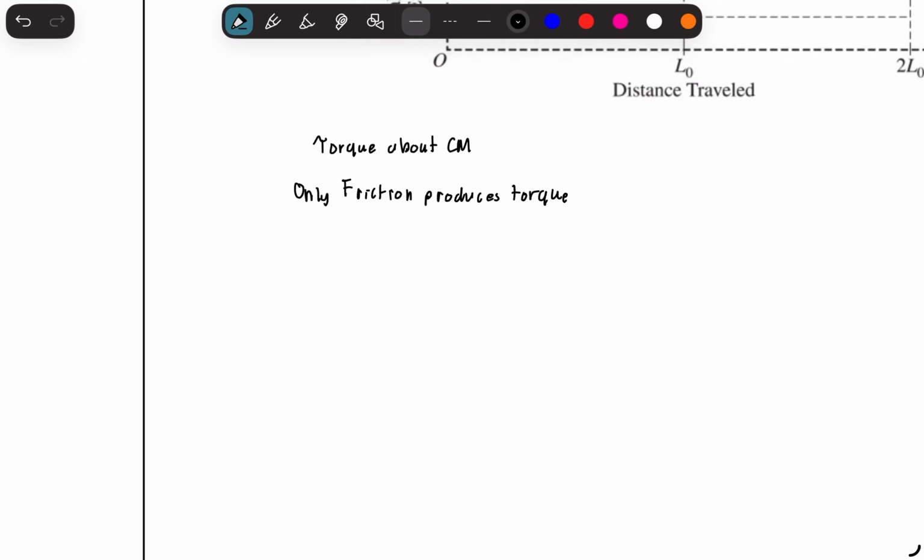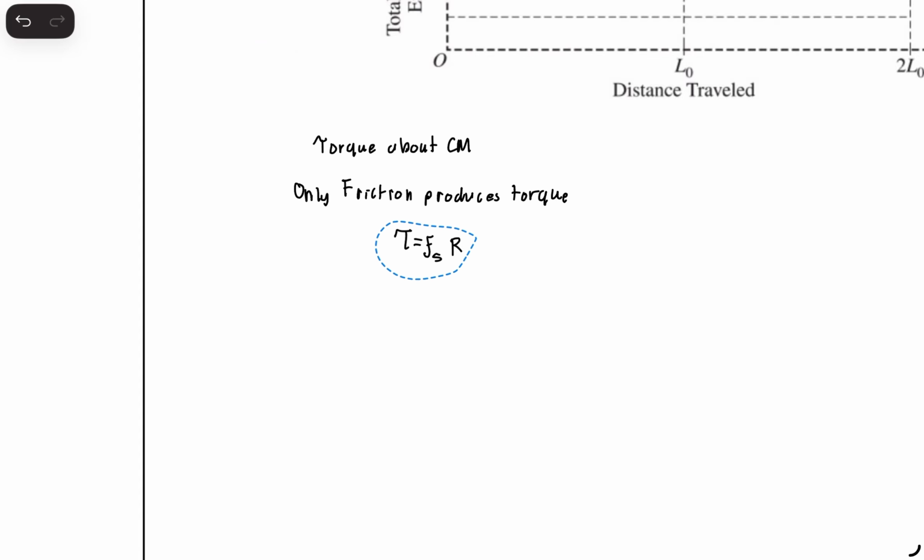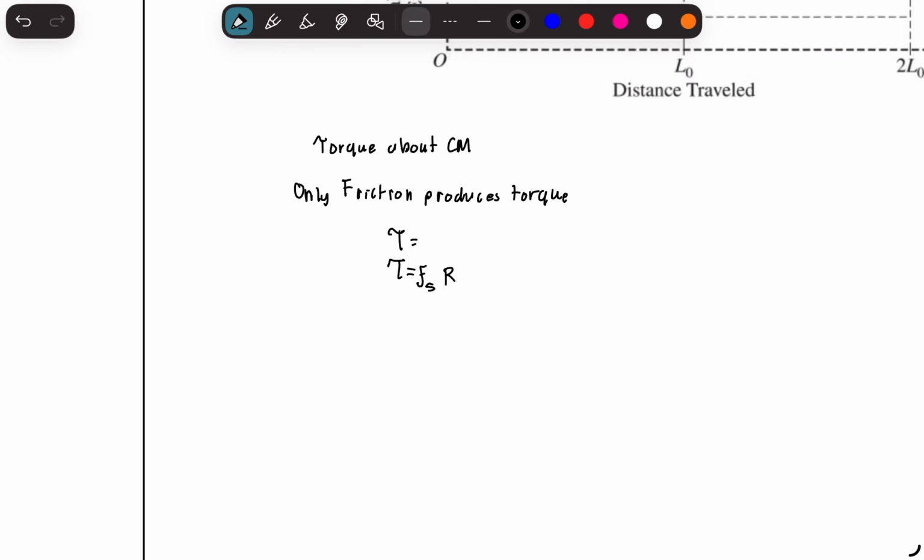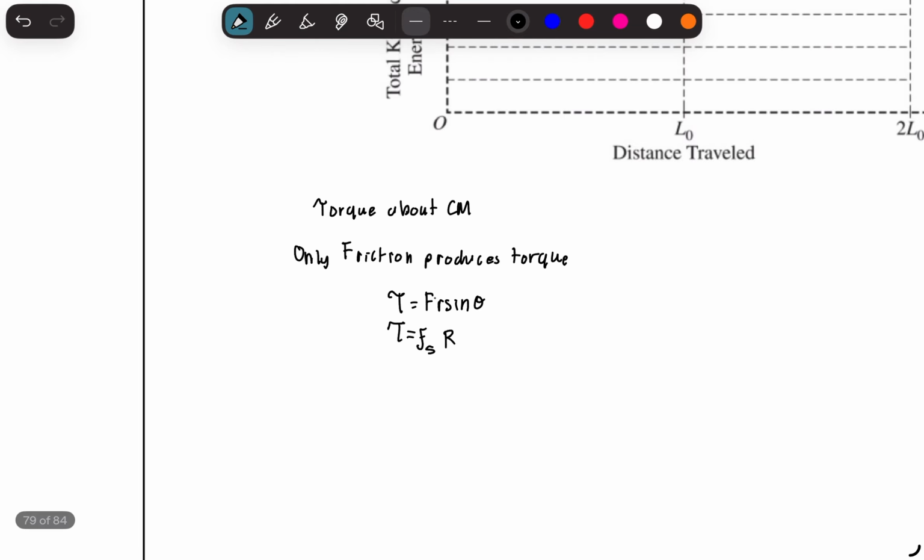So what that means is that you can set torque equal to Fs, your static friction force, times R. That's because torque is equal to Fr sine of theta. So the force is Fs, R is going to be the radius, that's the distance from the lever arm, and then your angle in between them. So imagine this is your center of mass, and then this is the circle, right? So just imagine that it's like this way.